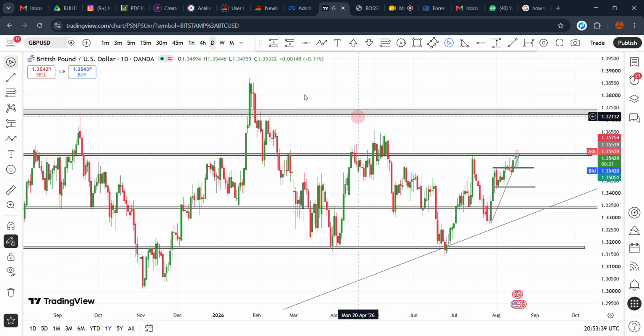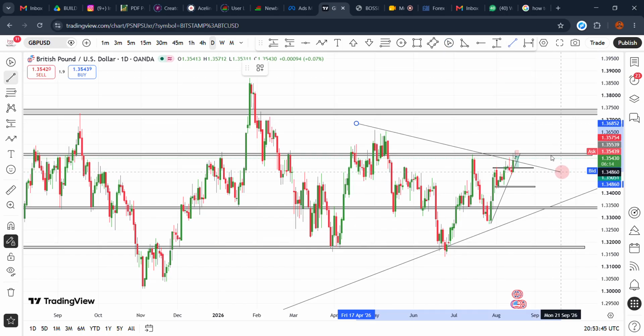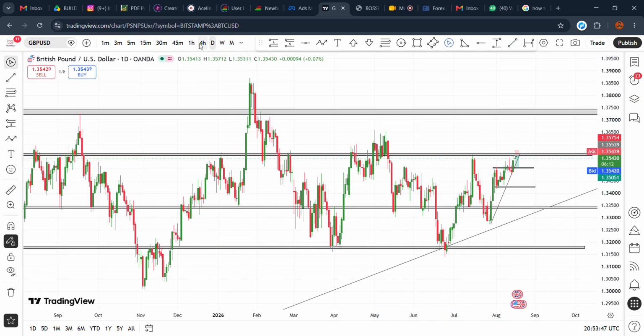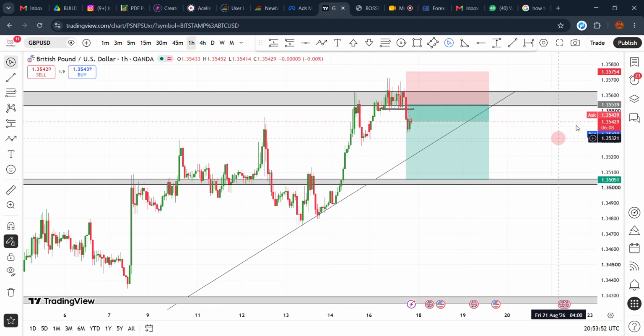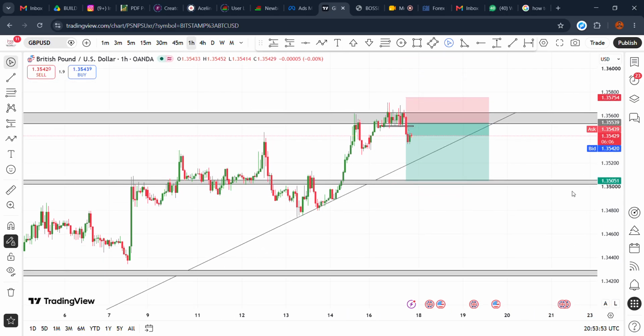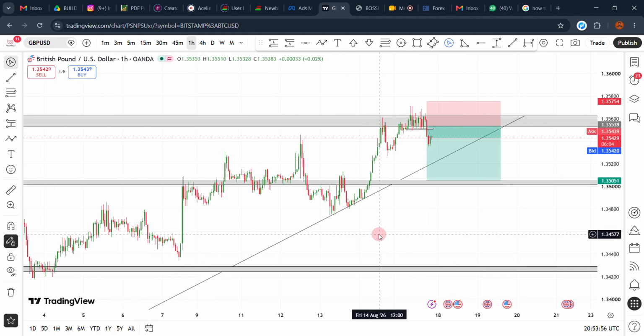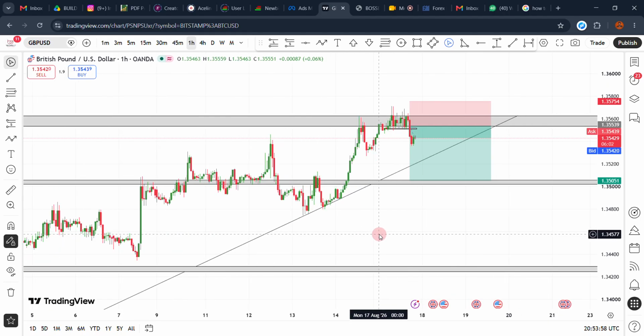So price is currently looking like it's trying to head to the downside like this. So that is why I intend to look out for selling opportunity. So just keep it plain, keep it simple, no complication. You don't need to complicate too many things.